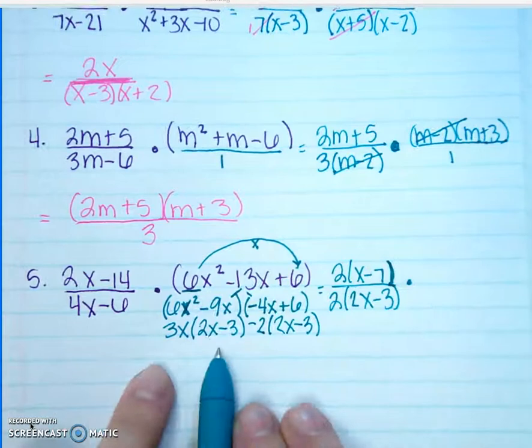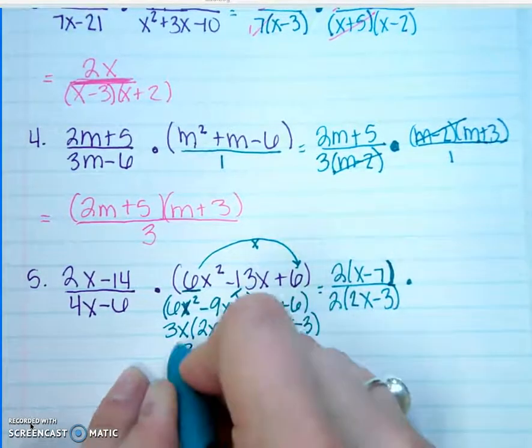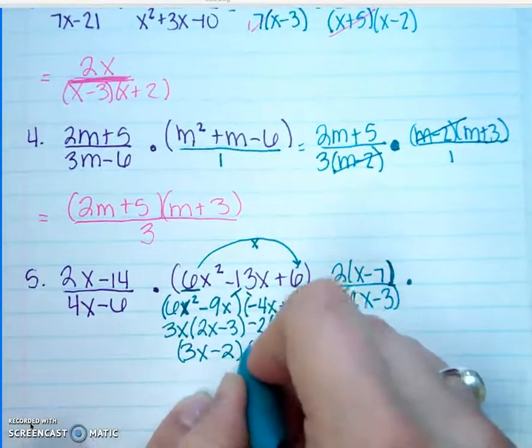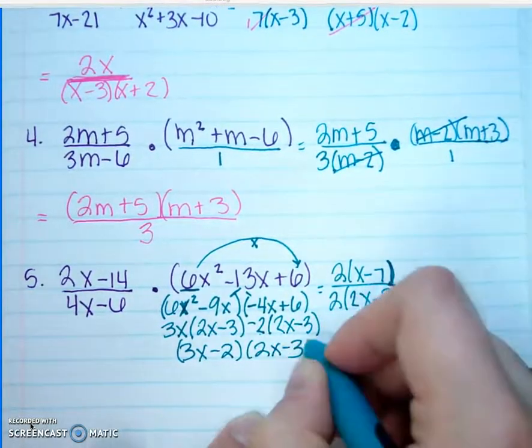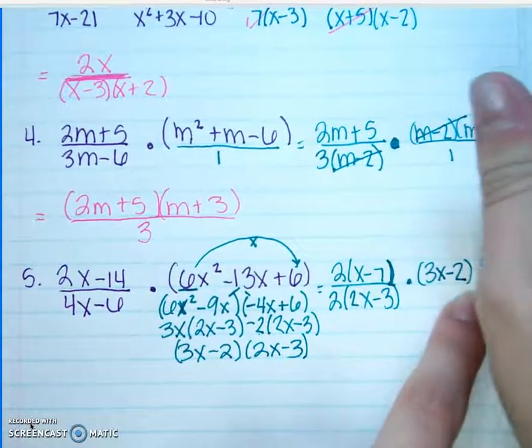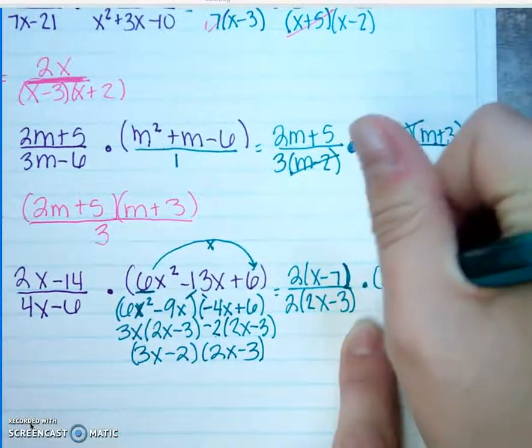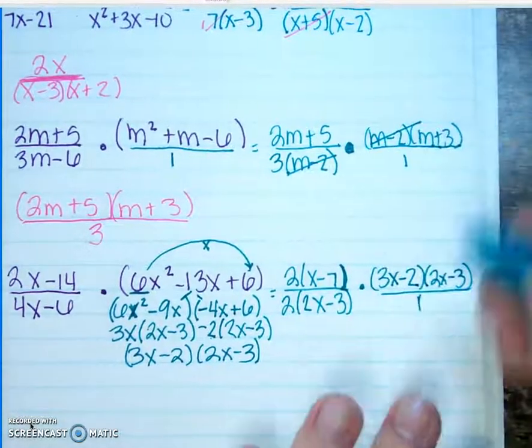So the two binomials that I'm going to put on top are this 3x minus 2, where I got from those two, and the 2x minus 3. Still all over 1.